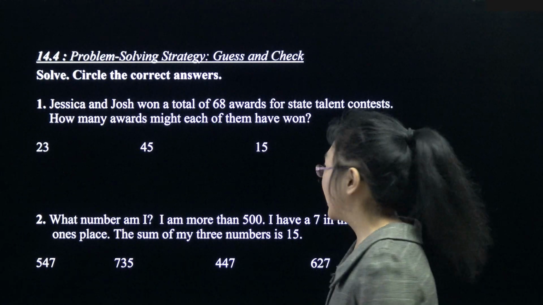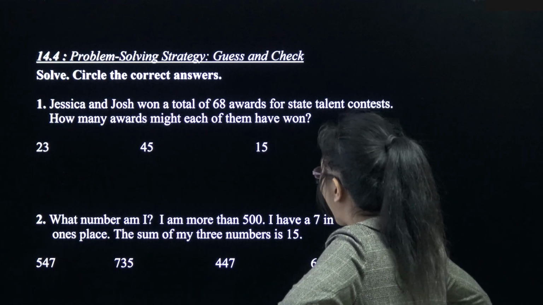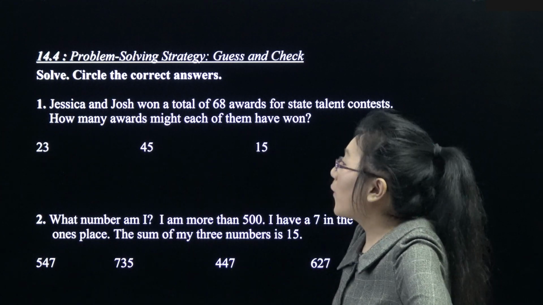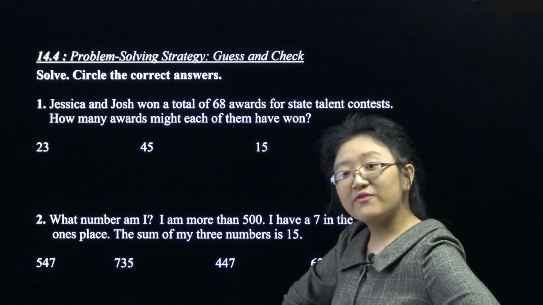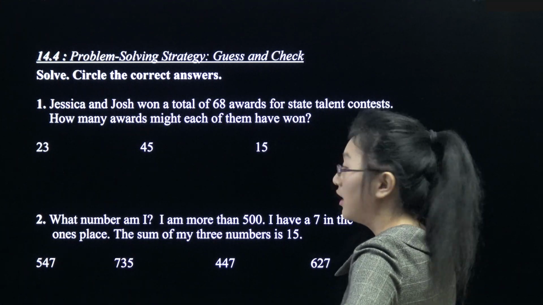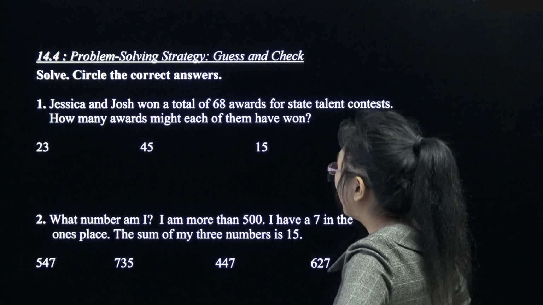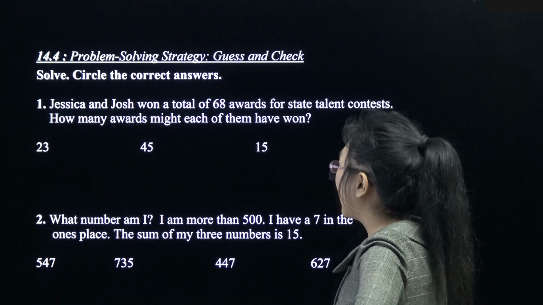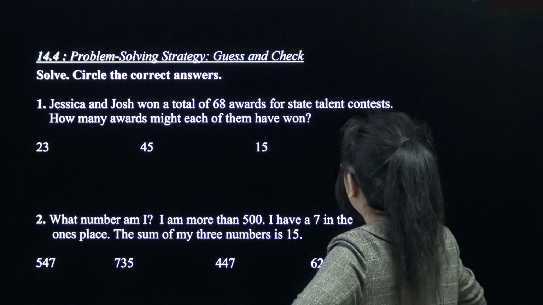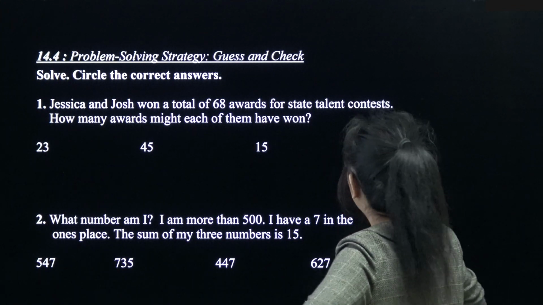Now, here's how guess and check works. I think Jessica won 15 and Josh won 45. Does 45 plus 15 equal 68? No, it doesn't. It equals 60. Oh, oops, I guess that isn't a combination. I think Jessica won 45, or at least one of them.